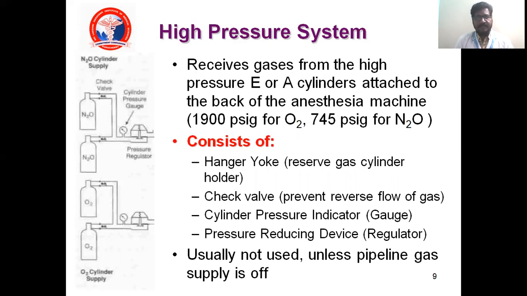It consists of the hanger yoke assembly, a check valve to prevent reverse flow of gas and to facilitate unidirectional flow, the Bourdon pressure gauge with the pressure indicator, and the pressure reducing valve. This high pressure system is usually not used unless the pipeline gas supply is off.